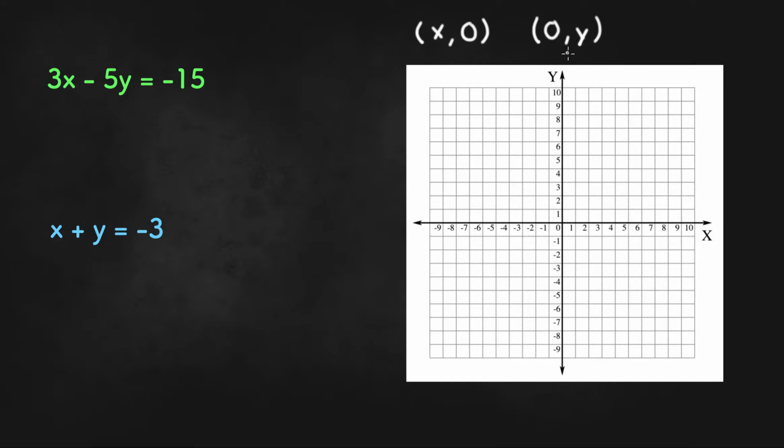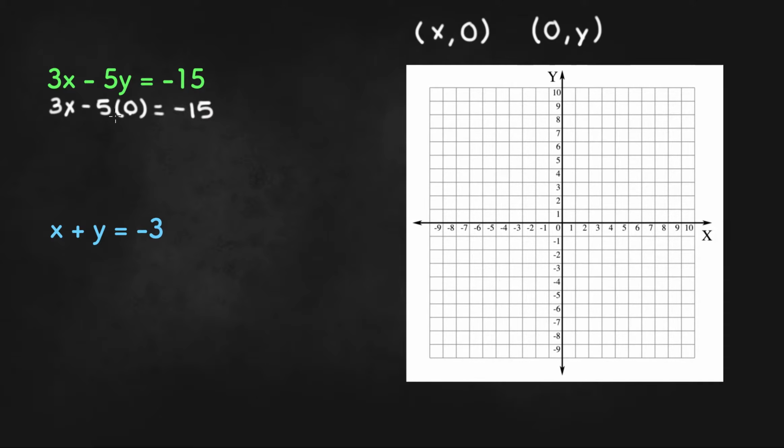Now, if you're trying to find the x and y-intercepts of the first equation here, we're going to plug in this 0 for y to find the x-intercept. So if we do that, we'll get 3x minus 5 times 0 equals negative 15.